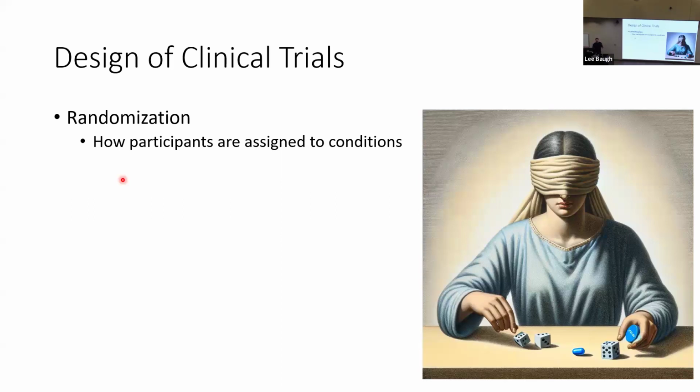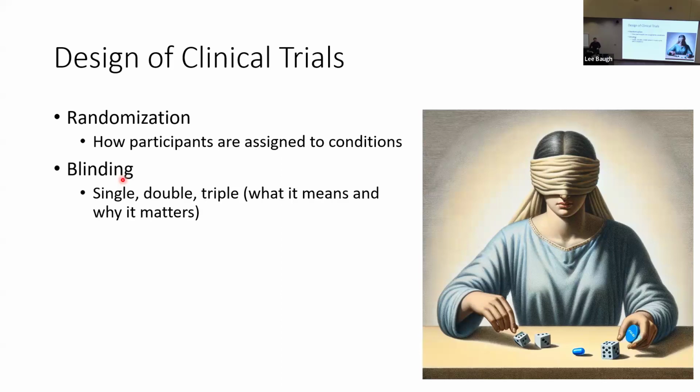So if you are comparing these 2 groups, there's already something inherently different about them that could influence your results. So it's important to perform randomization so every participant has an equal likelihood of appearing in one of the conditions, whether it be a control condition or an experimental condition.